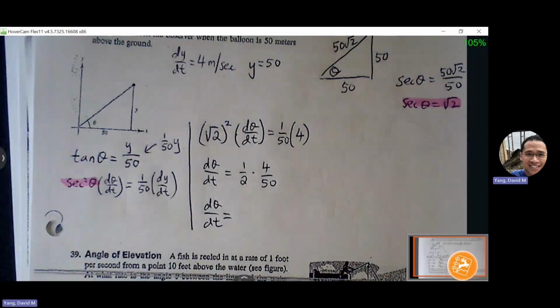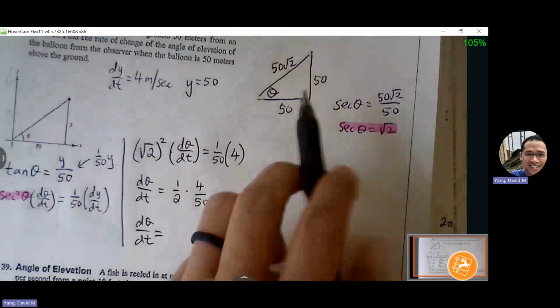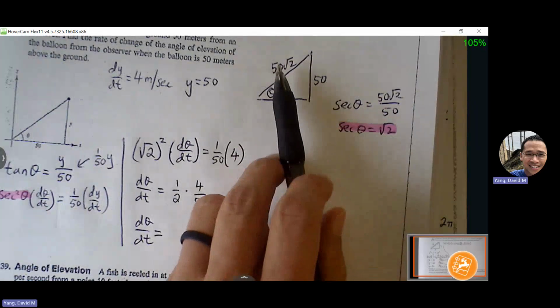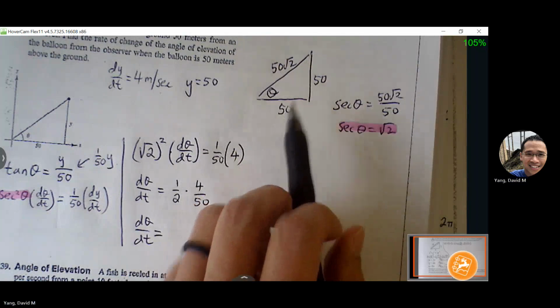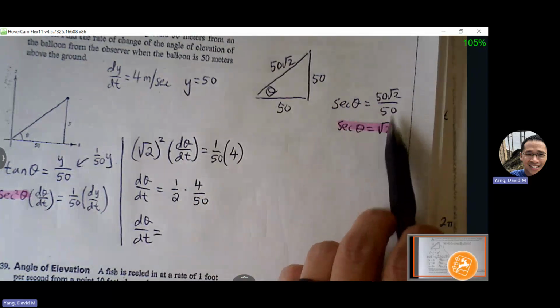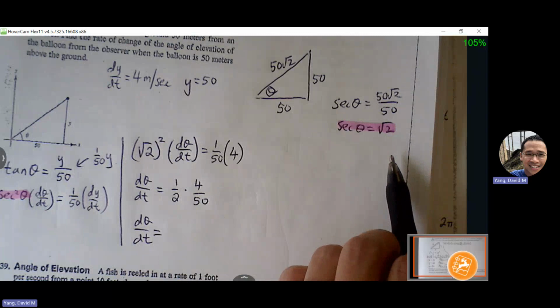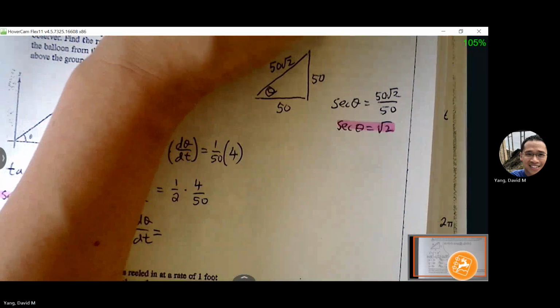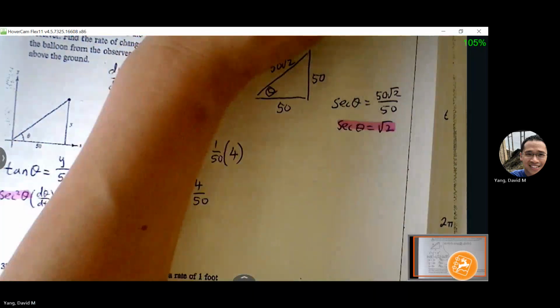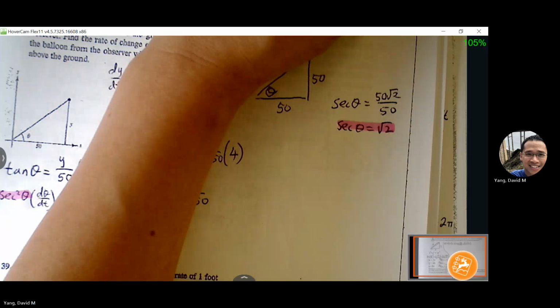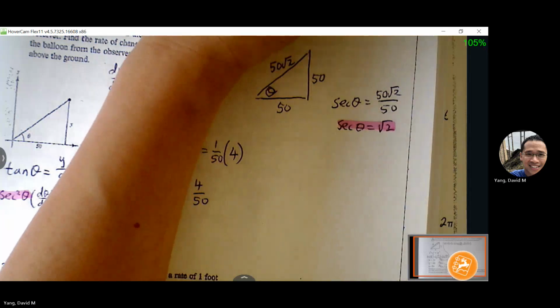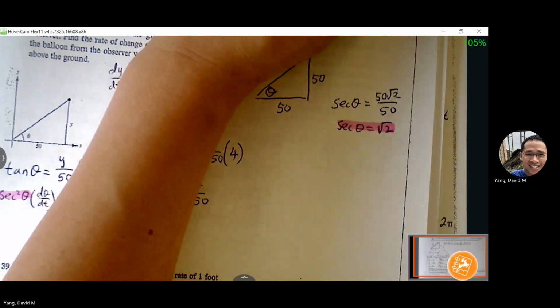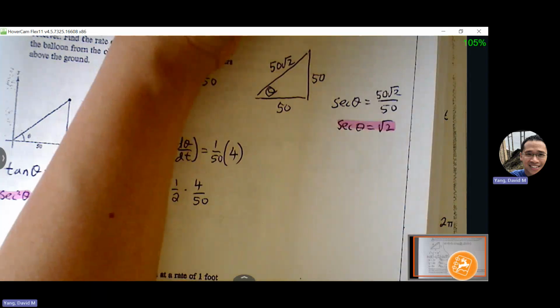Yes, question. How'd you get secant of theta to equal square root of 2? Oh, so it's 50 root 2 divided by 50, which is hypotenuse over adjacent. And I just reduced it. Yeah, I got like square root of 5,000. Oh, yeah, square root of 5,000. It should be the same, right? You got 50 squared.